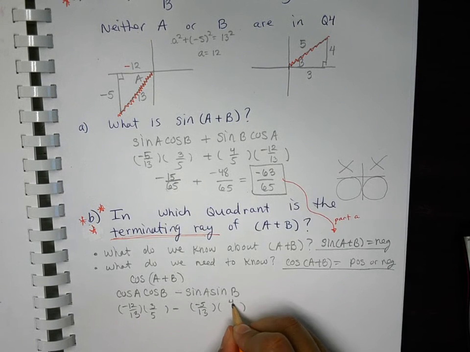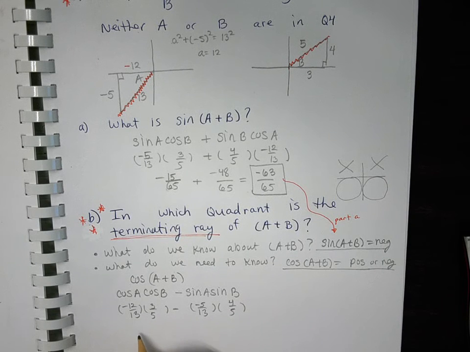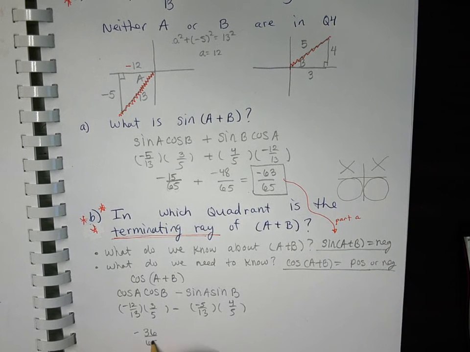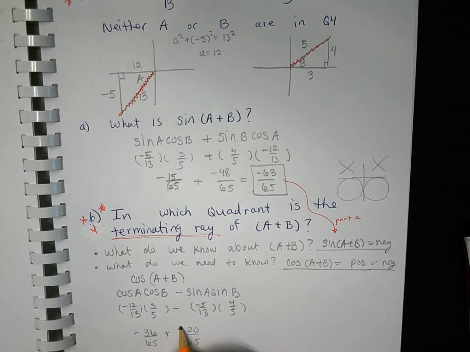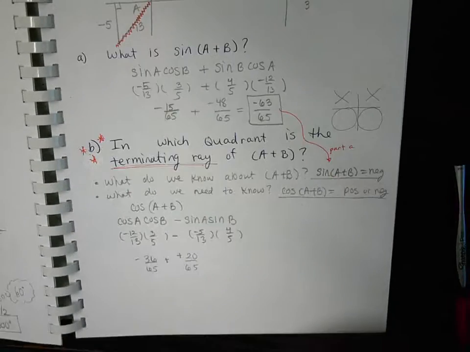So what does this give me? Negative 36 over 65, and then minus negative 20 over 65. What happens with the minus minus? It becomes addition. And is this a positive or a negative number? It is a negative.